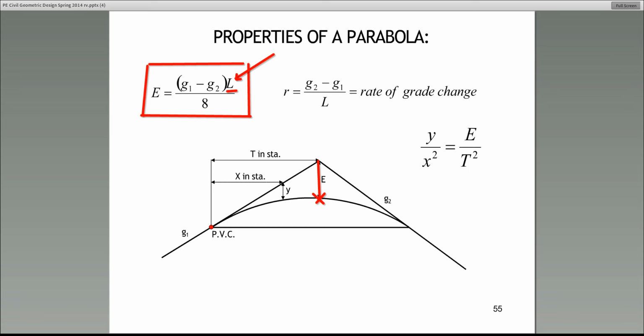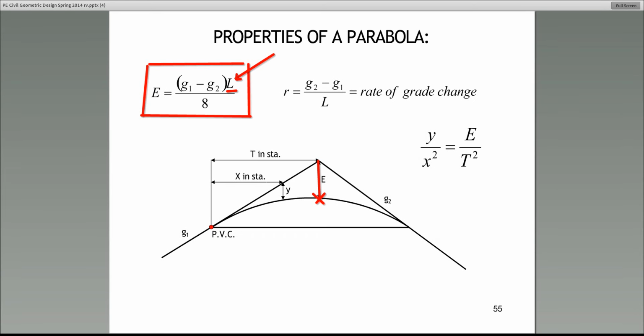In the horizontal curve, L, length of the curve, is actually how far we travel on the actual curve. However, with vertical curves, the capital L, the length of the curve, is defined as the projection of the vertical curve onto the horizontal axis.